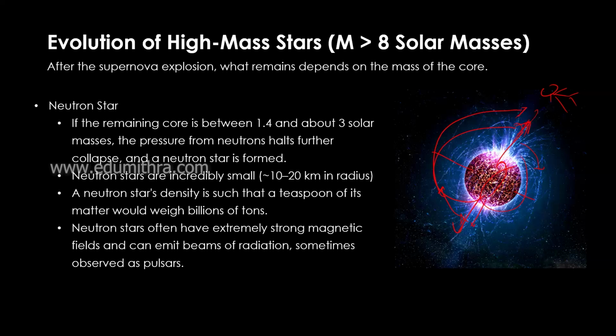But even when this is happening, it is ejecting so much material back into space. So all the material it accreted will not become a black hole or neutron star. It will emit most of the material back into space itself. So from that ejected material, another generation of stars can form. So it is a cyclic process.